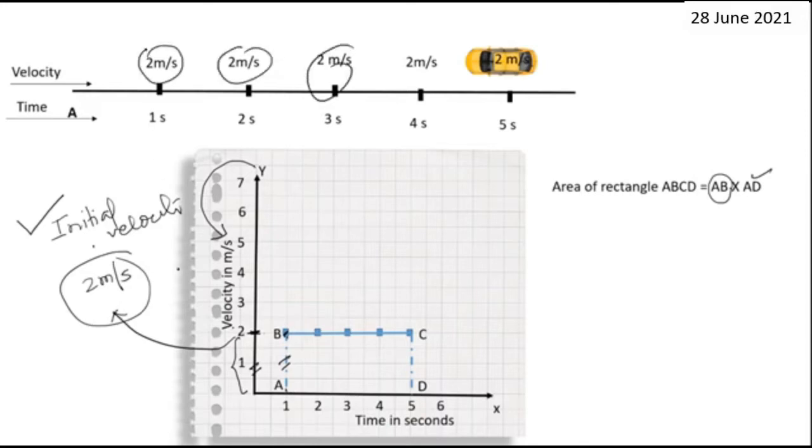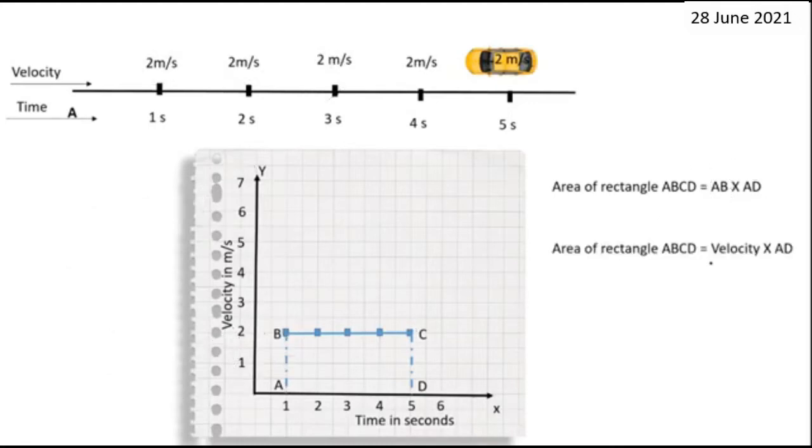I'll take this as only velocity, since the velocity is constant. So AB stands for velocity. And what does AD stand for? AD from here to here, it's simple, it's the time axis from 1 second to 4 seconds. So it's time.